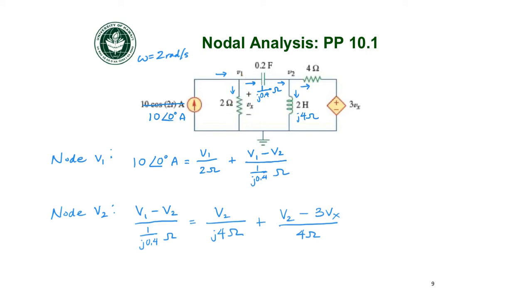That's the same as V1. So Vx is really equal to V1. And so we do have two equations and two unknowns. So solve these two equations.